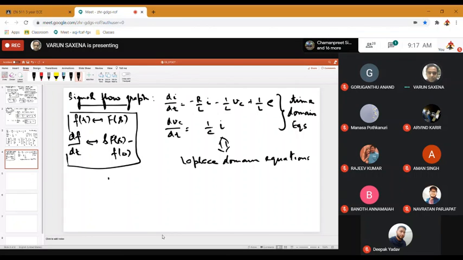I will transform to capital I, Vc is going to transform to capital Vc, with an S here, and E is going to transform to, let's say, capital Vs. R, L and C are considered constants, so we don't need to worry too much about them. So let's transform things.